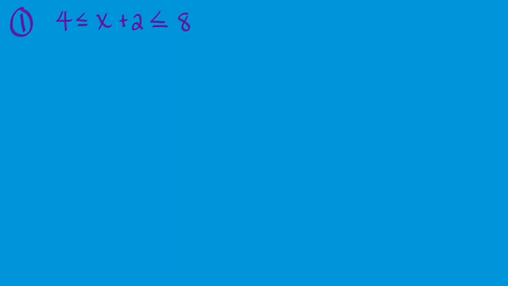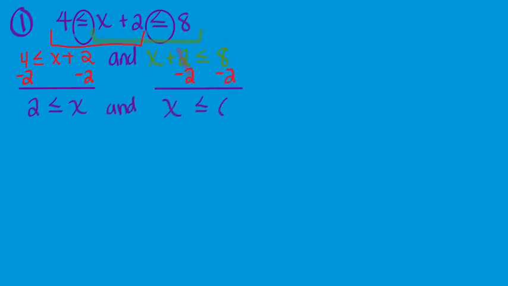So first we're just going to do the "and" less than. We could tell that it's "and" less than right there. So we know this will be definitely an "and" situation, and I can choose to write it as two separate inequalities like this and solve them separately, and I would just subtract 2 from all the sides, and I would know that this scenario would be between 2 and 6, and it's equal to, because it says it can be equal to, so we know we fill that in, and it can be between them.